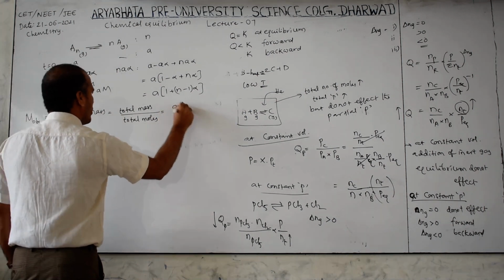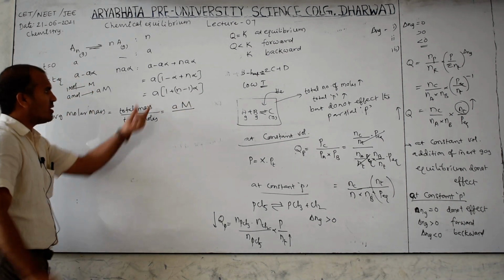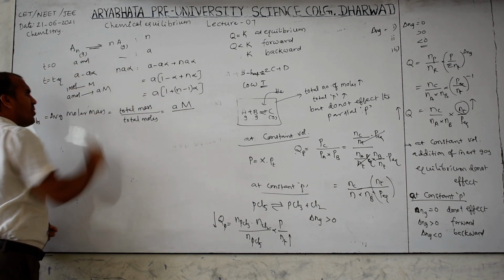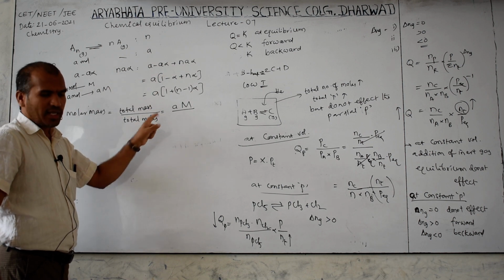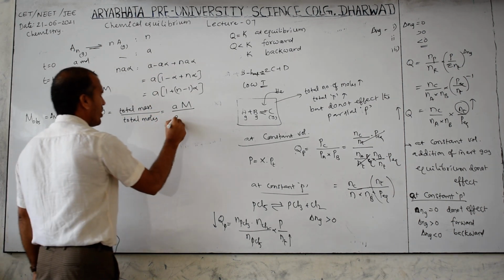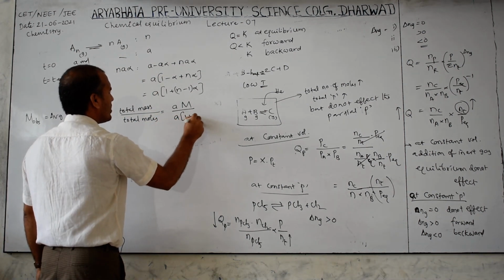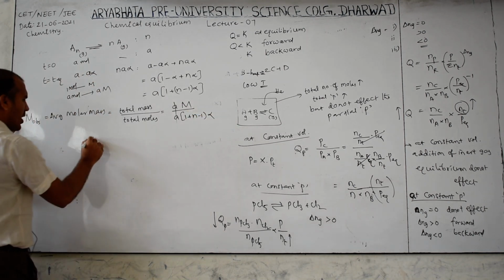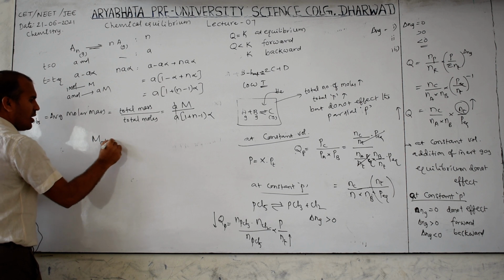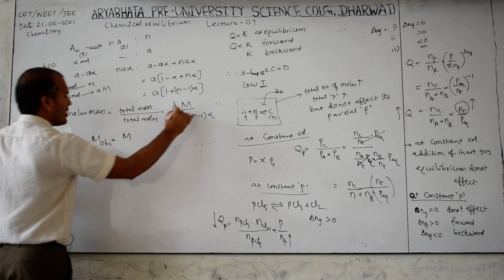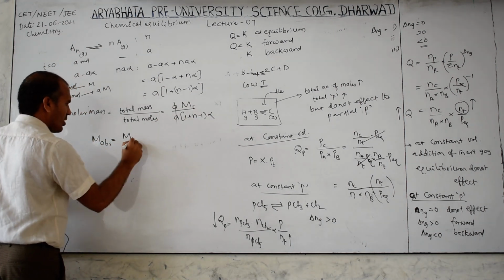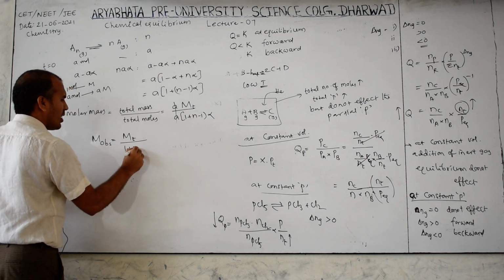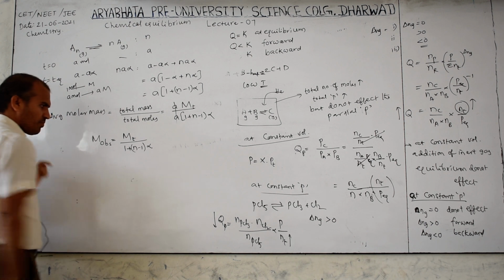Therefore, a into m by total moles. This is the total number of moles at equilibrium. Therefore, a into 1 plus (n minus 1) alpha, a cancels. So m observed is equal to m theoretical by 1 plus (n minus 1) alpha.